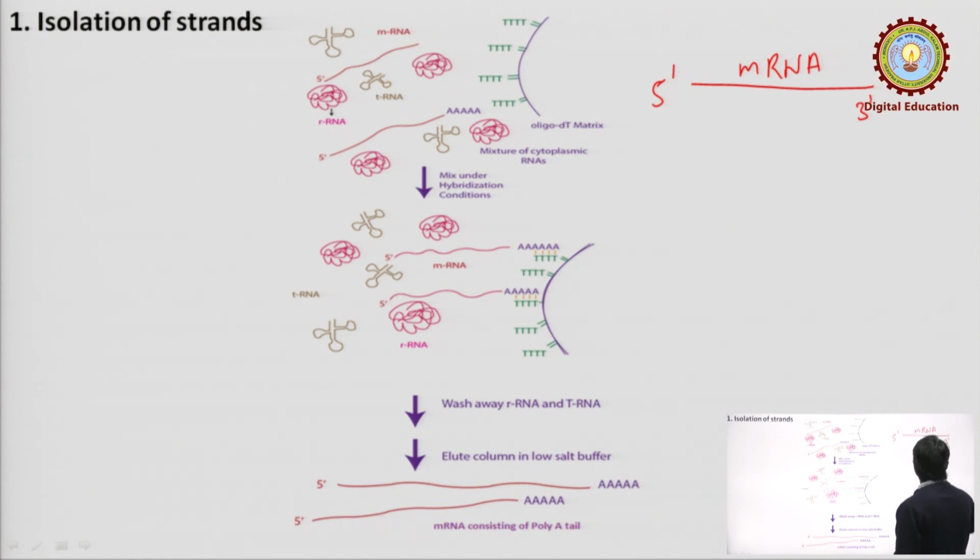The 3' end contains a tail of adenine residues. We know there are different types of purines and pyrimidines, and adenine is one of them. So we will utilize this part to isolate the messenger RNA from the solution of different RNAs.